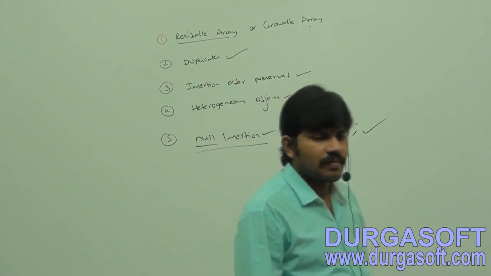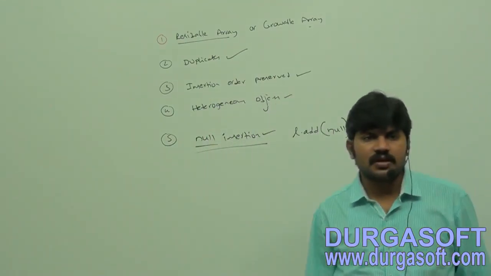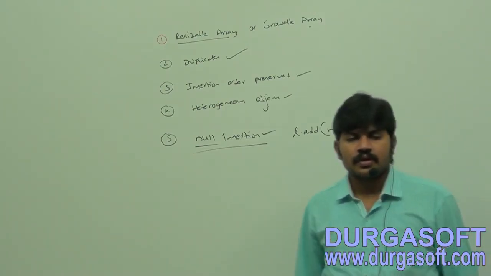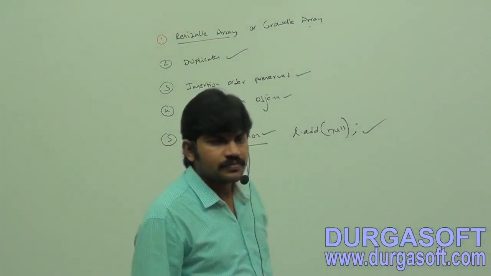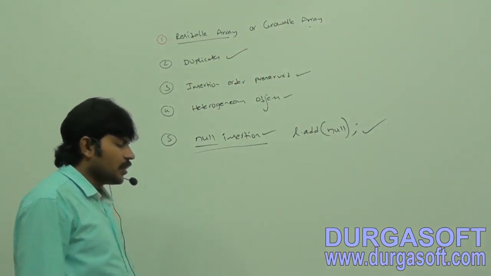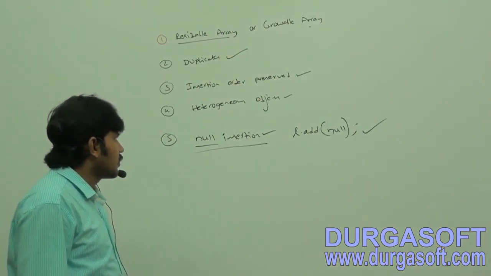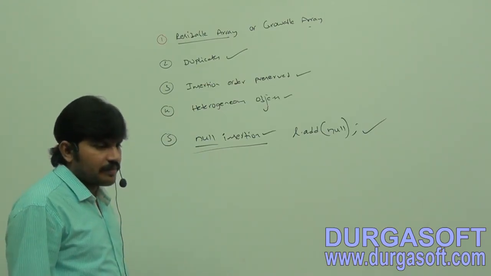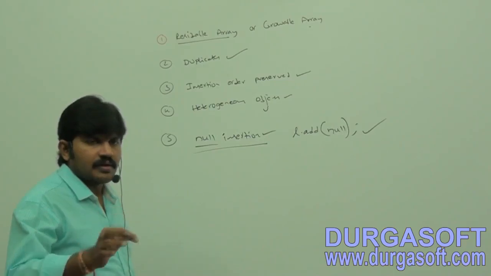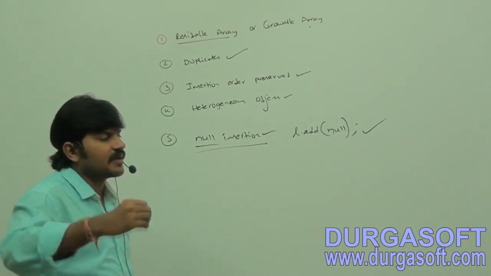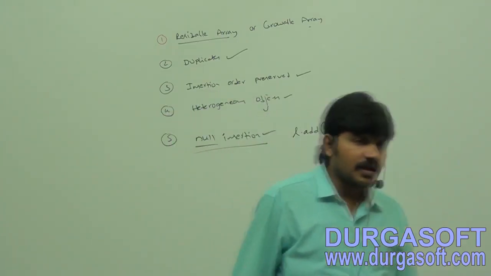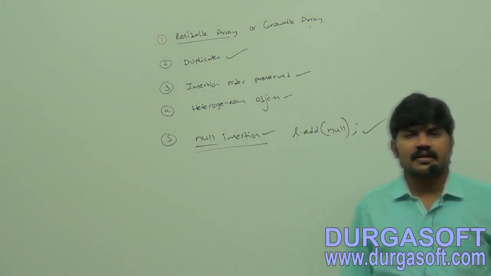Heterogeneous objects are allowed. Within brackets, except TreeSet and TreeMap. Everywhere else heterogeneous objects are allowed.